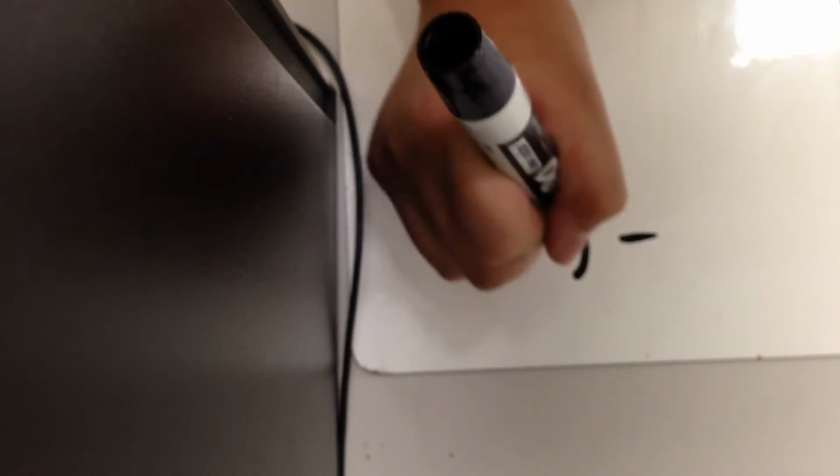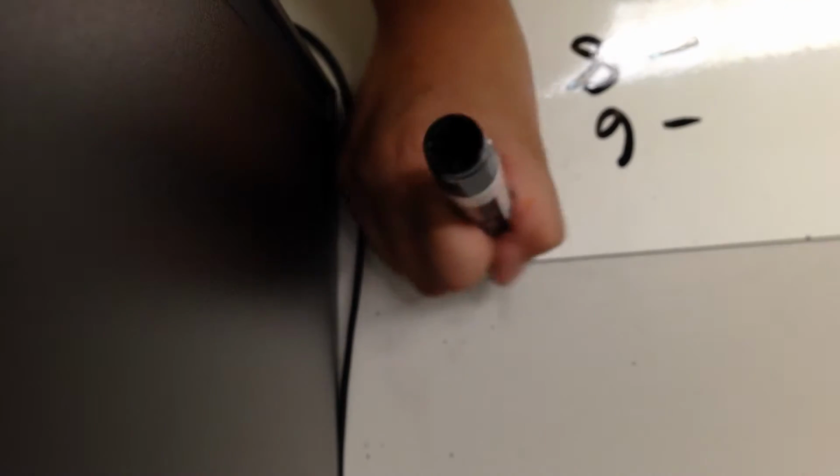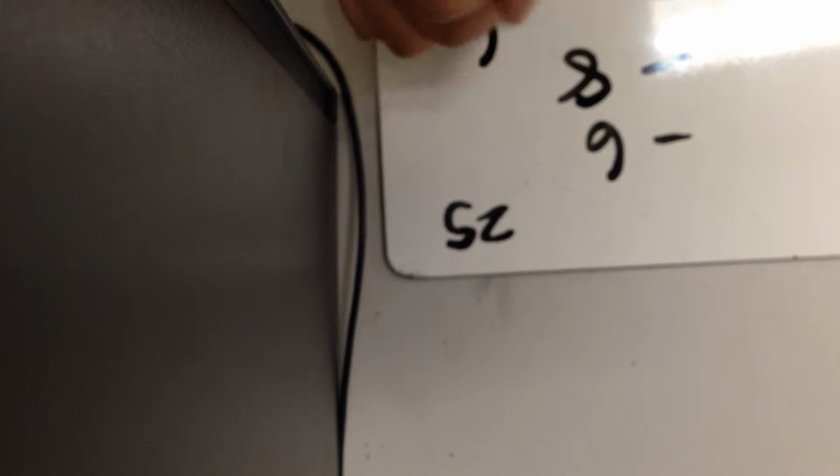Since we had those negatives, which was negative 6 and negative 8, remember 25, put right there. We have to add these, which is 6 plus 8 would equal 14.